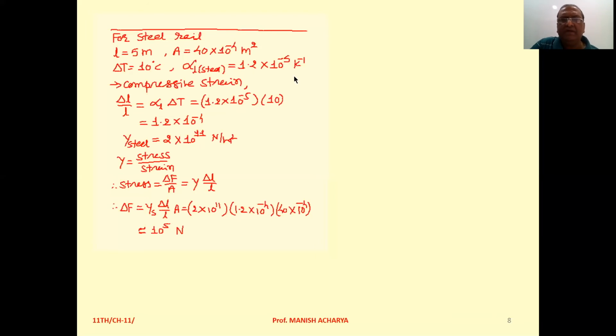Now the compressive strain, that is delta L by L, is alpha L into delta T, that is equal to 1.2 into 10 raised to minus 5 into 10. So that is 1.2 into 10 raised to minus 4.